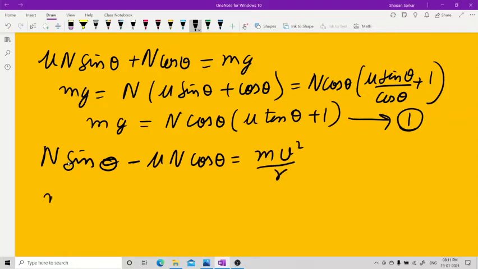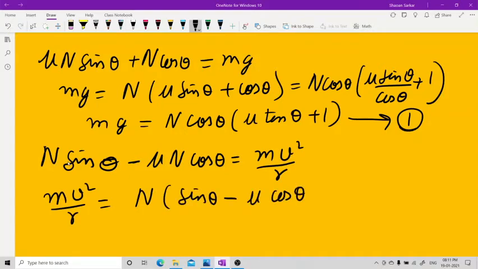I take n common: mv square by r is equal to n times sine theta minus mu cos theta, and then I take cos theta out: n cos theta, then I get sine theta upon cos theta minus mu.